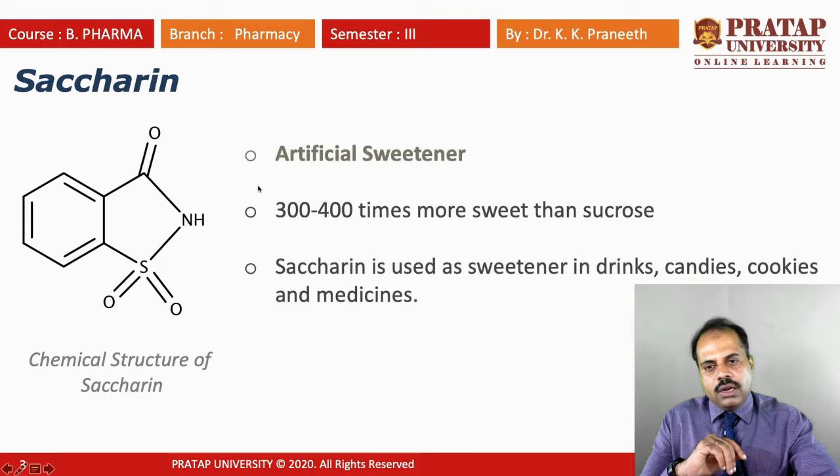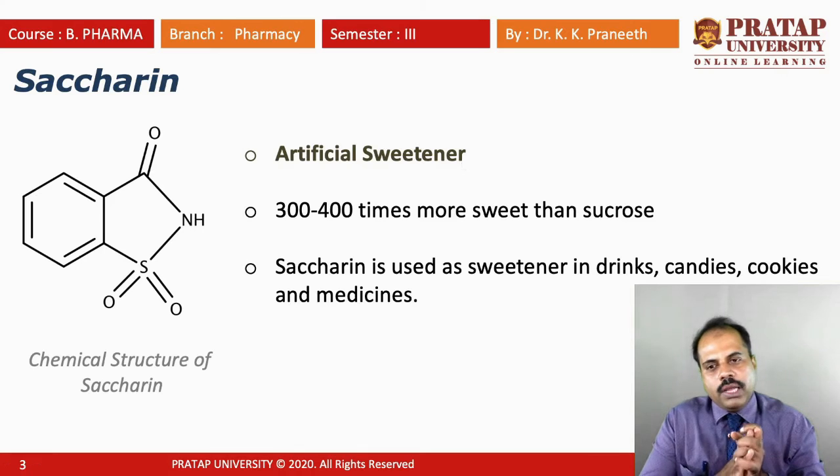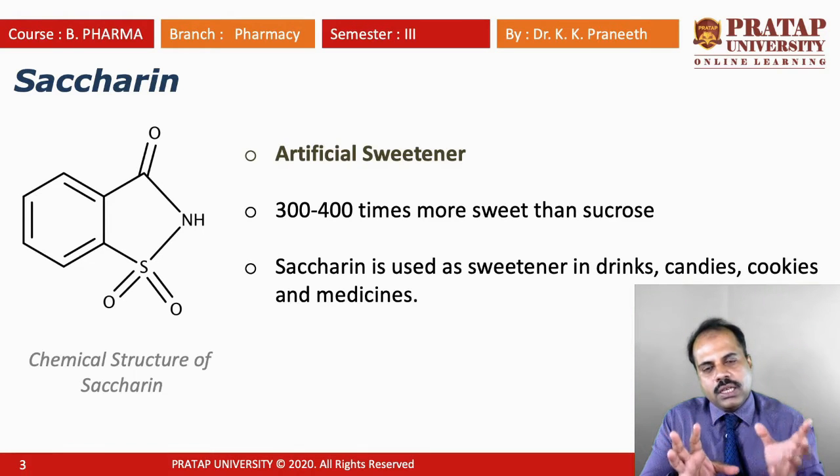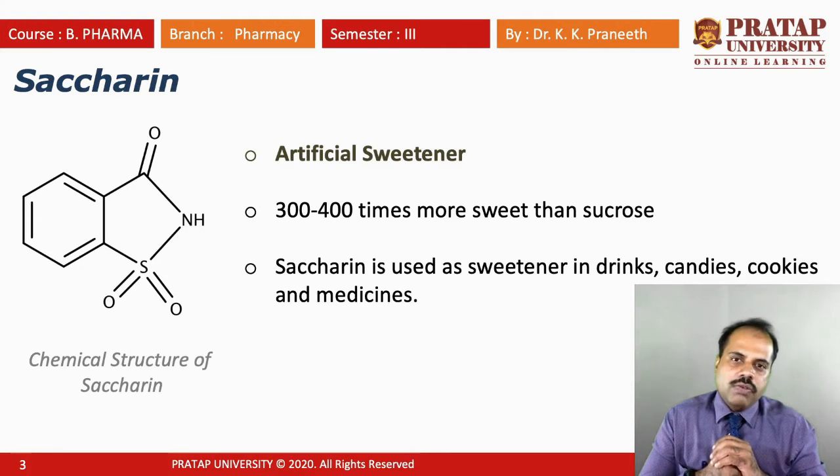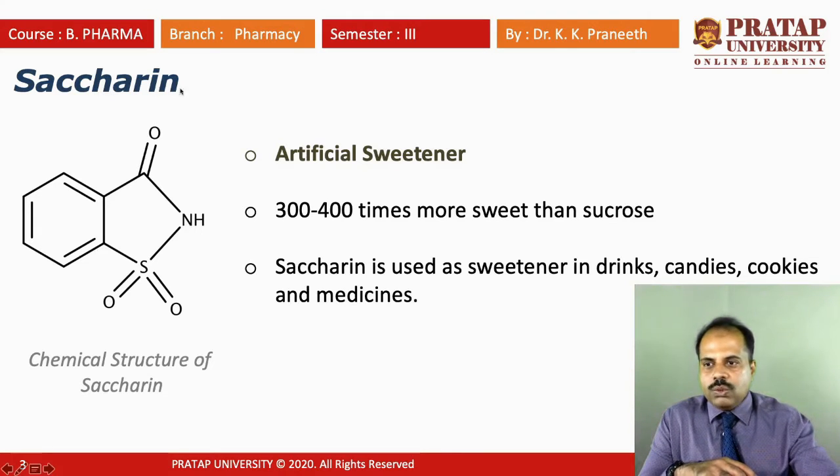Saccharine is very familiar to all of us because it's an artificial sweetener, right? Especially it is used for diabetic patients, because in diabetic patients the sucrose level will increase. So as an alternative to sucrose, we use saccharine as the artificial sweetener in beverages and so on. So the main use of saccharine is as an artificial sweetener.